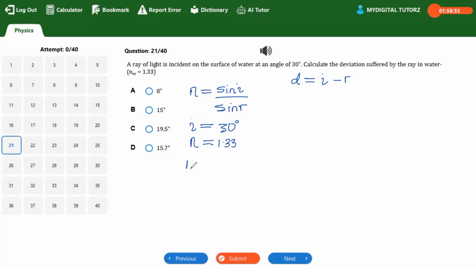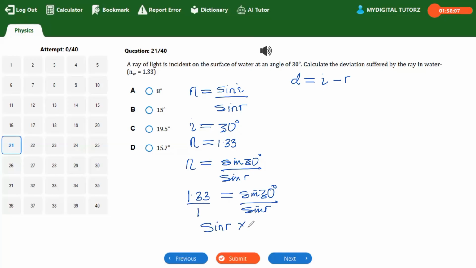So from this formula, refractive index is equal to sine 30 degrees all over sine r. So let's put the value of refractive index, that is 1.33, is equal to sine 30 degrees all over sine r. So let us cross multiply. That will give us sine r multiplied by 1.33 to give us 1 multiplied by sine 30. Sine 30 is 0.5.